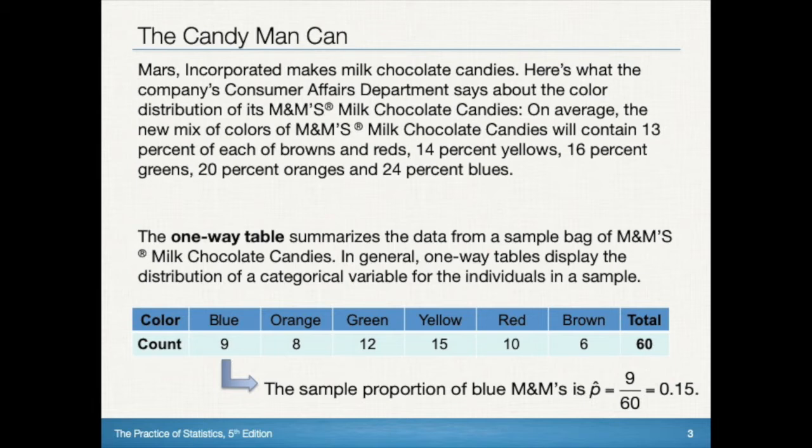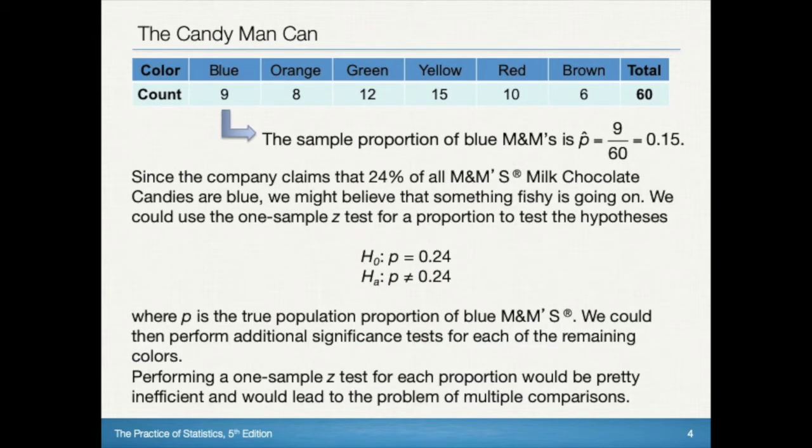So let's imagine that we didn't know about the chi-squared and we were just going to do a one prop test like we've learned in previous lessons. If that's the case, our null hypothesis would be that the proportion is equal to 0.24 in the case of blue, and the alternate hypothesis is that it's not equal to 0.24. We don't know which way it's supposed to go, but in those cases we're going to deal with a two-sided test, which means it's just not equal.